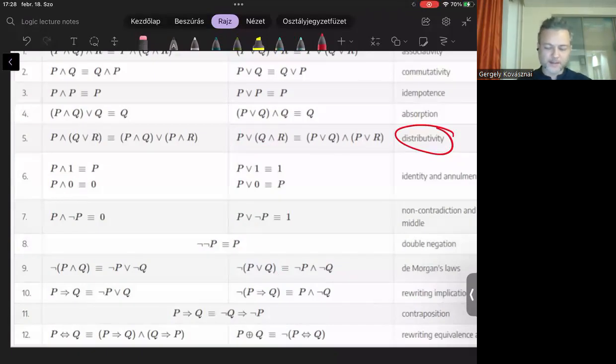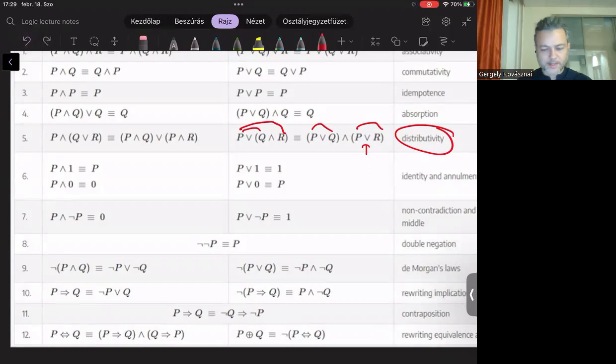Well, it's interesting. It forms a pair out of P and Q, you see, and connects them with disjunction. And in a similar way, it forms another pair from P and R and connects them with disjunction. So basically, there are two pairs formed.